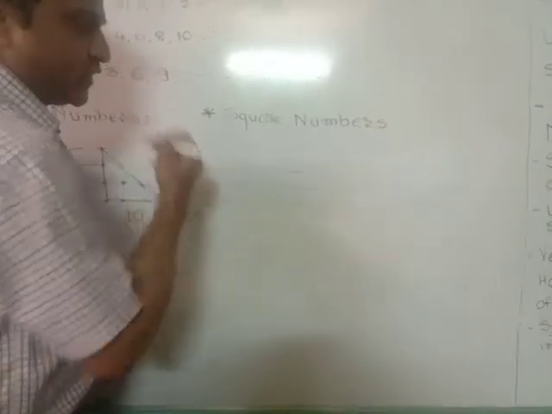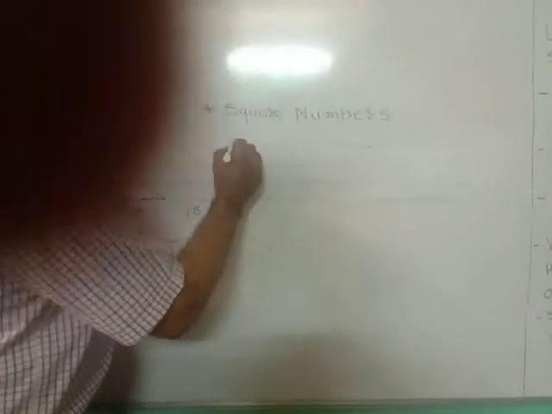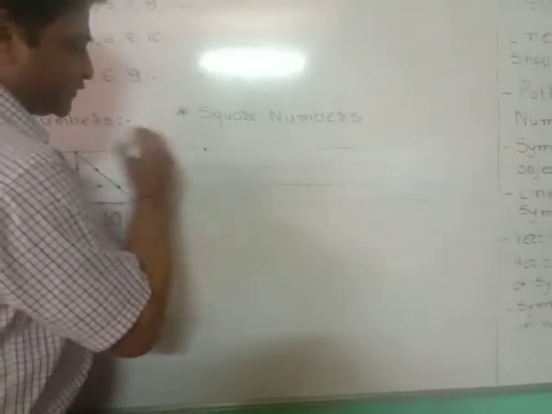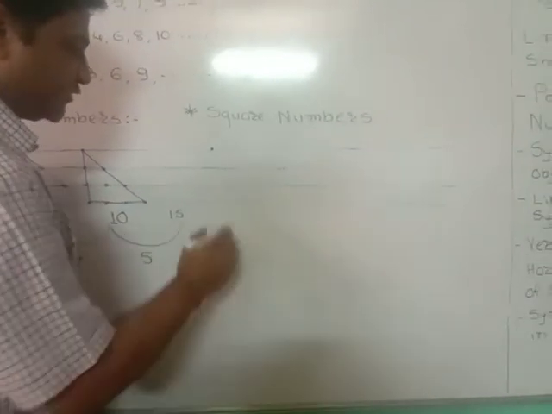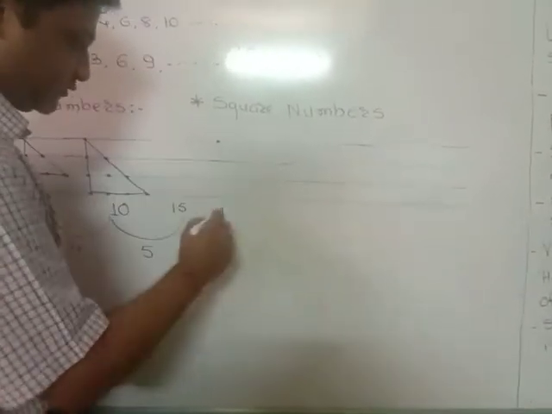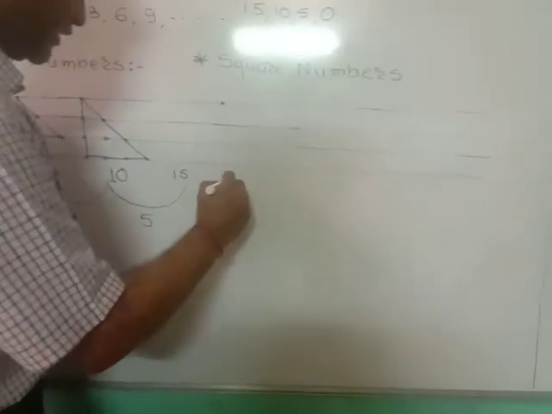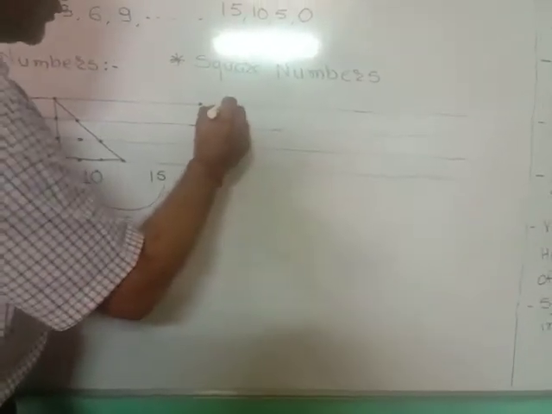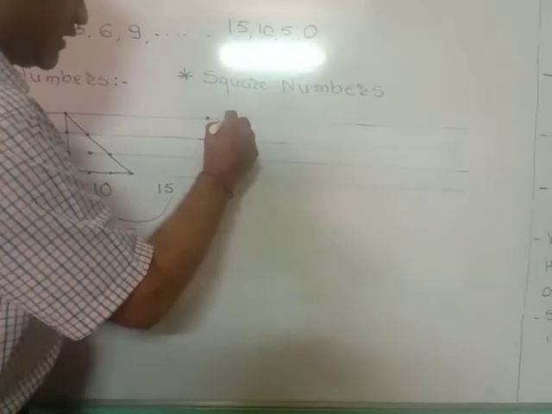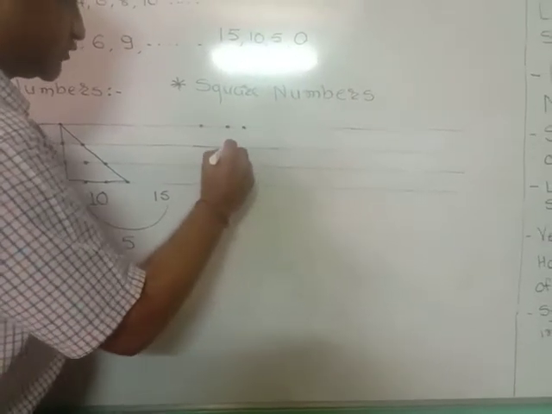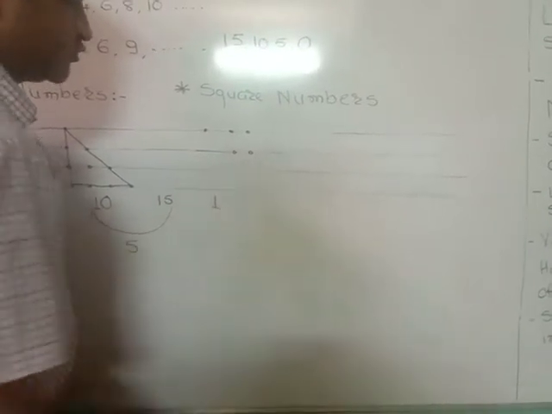Now, as we have done for a triangular number, for the first row, I am taking one dot, one row, one dot. So the first number is going to be 1. For the second time, I am going to take 2 dots on the first row, 2 dots on the second row.